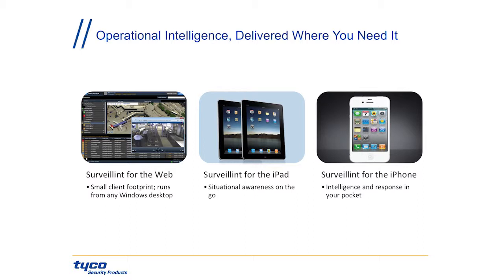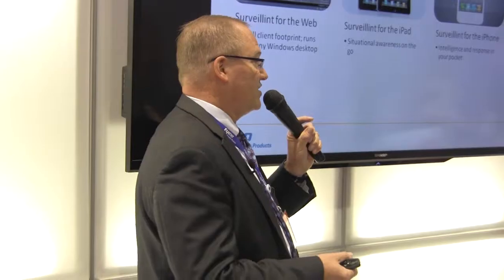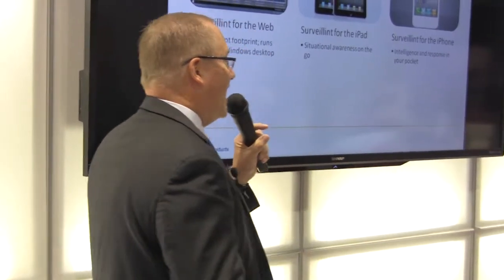And then finally, Surveilint for the iPhone for responders, for managers, for people who need to be able to access information about events and need to be able to create new events leveraging the camera and the map functionality available on the iPhone platform.